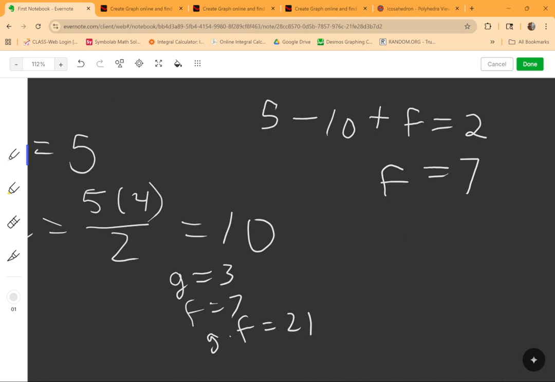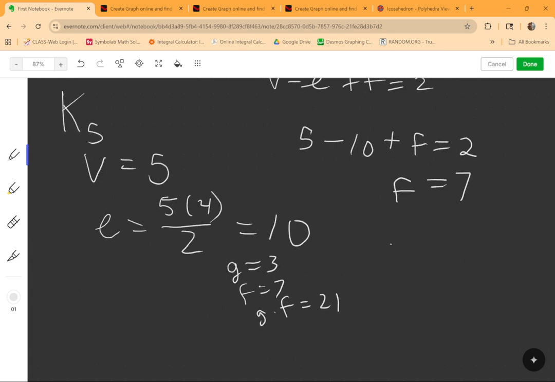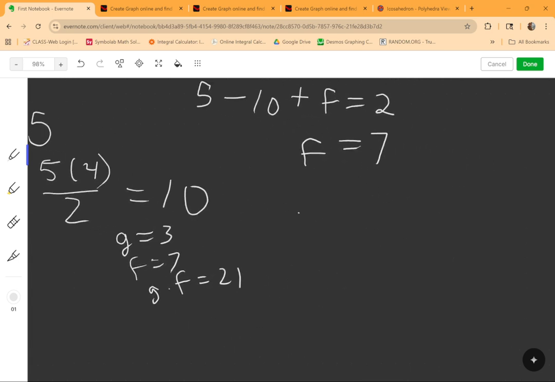But I also know that the edges are 10. So if I double them up, then 2 times E is 20. Arriving at my conclusion here, the girth times the faces must be less than or equal to 2E. Well, I arrive at a contradiction.